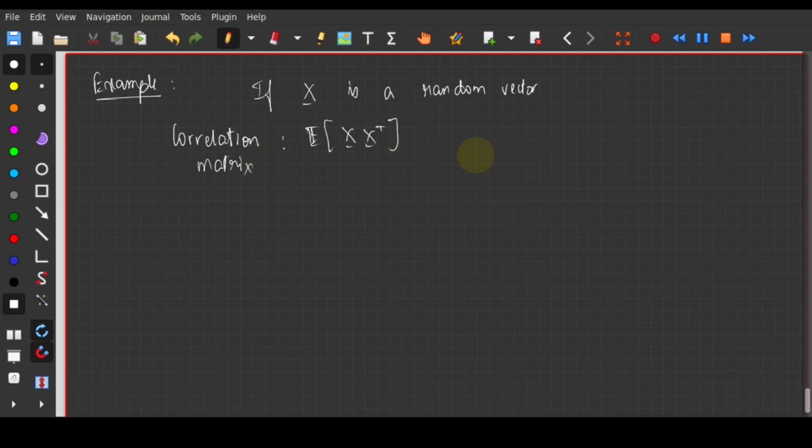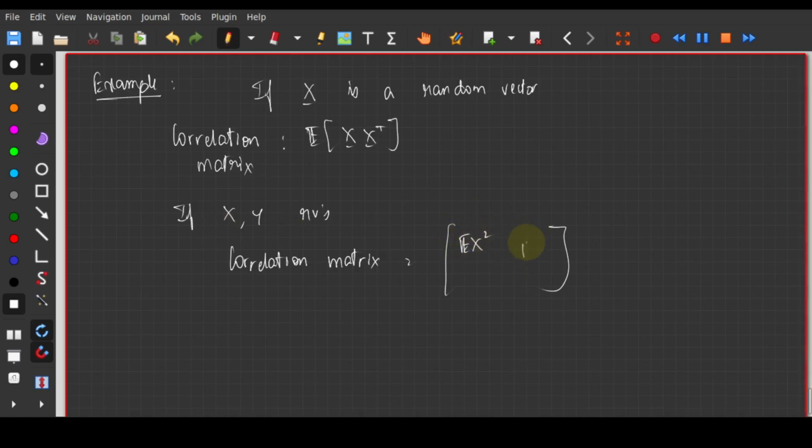Or if you want to look at just two random variables, it is expectation x square, expectation xy, expectation yx, which is the same as expectation xy, and expectation y square.